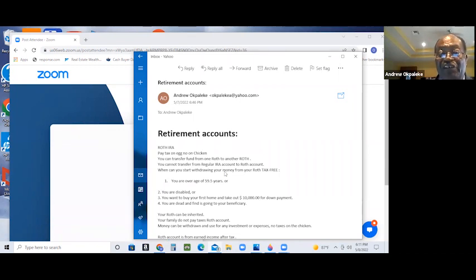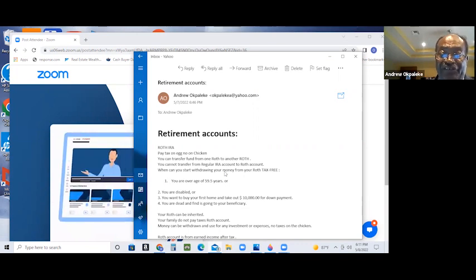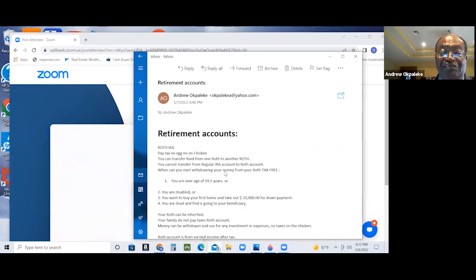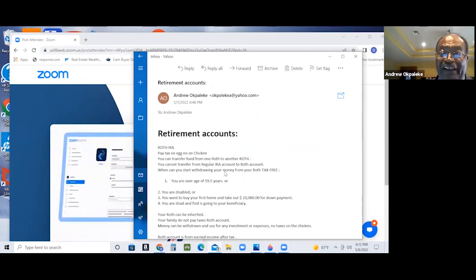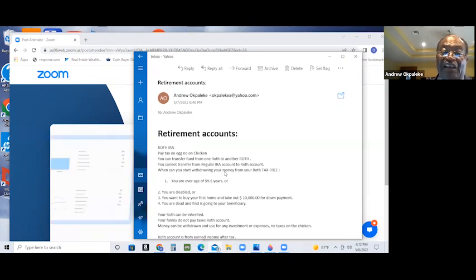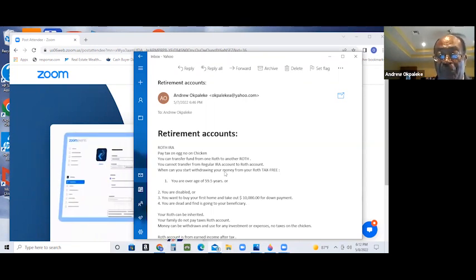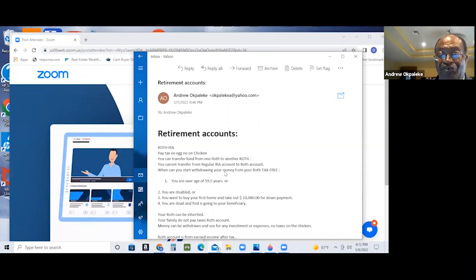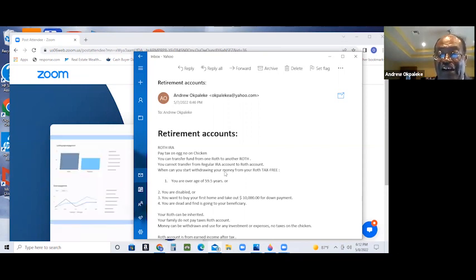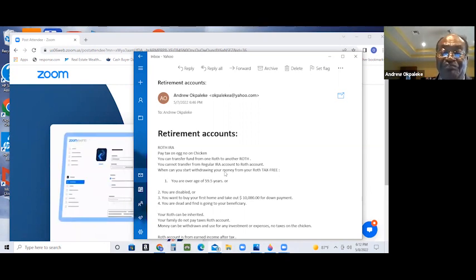You can start withdrawing your money from a Roth IRA tax-free once you have reached 59 and a half years of age. The second method is if you are disabled, you can start withdrawing earlier than 59. The third one is if you want to buy a first home, a first-time buyer can use $10,000 from your Roth IRA for the down payment for your home.